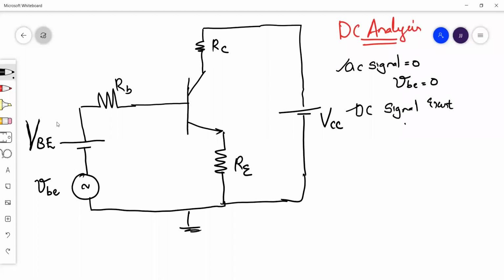That is, only the voltage VBE exists. Right?